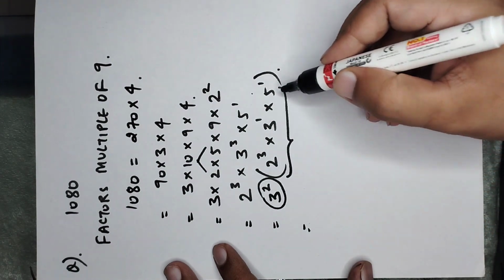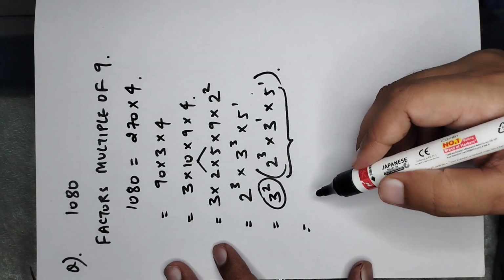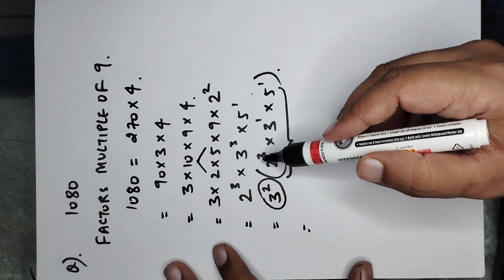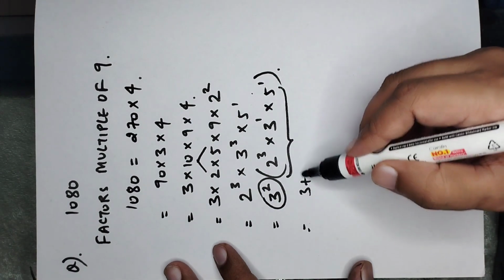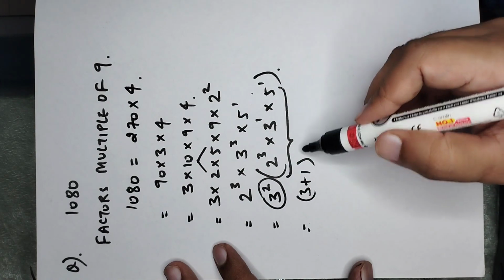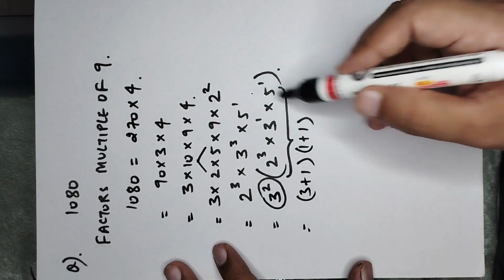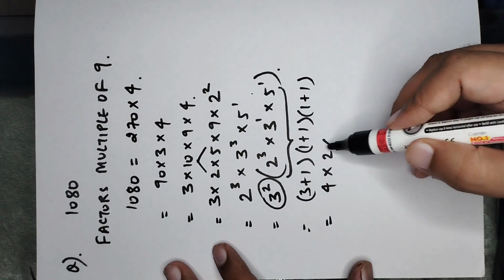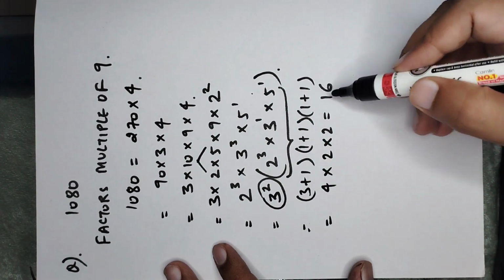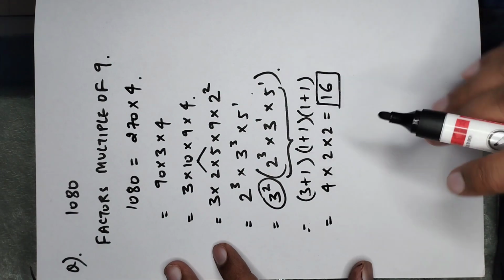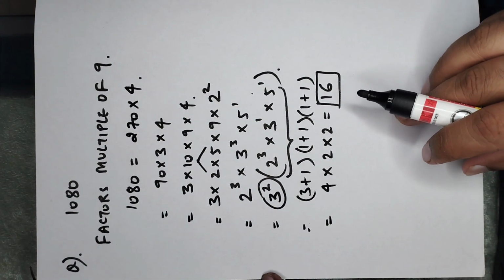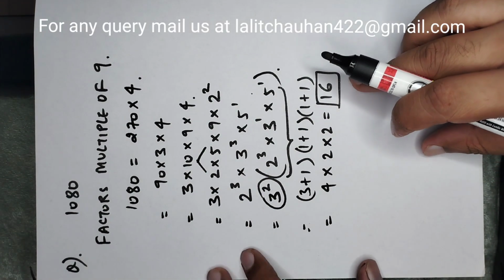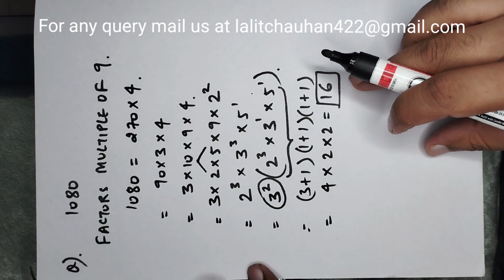Whatever is left inside, you just have to include the powers of those numbers. So the 2 raised to the power 3, so I can say 3 plus 1, 3 raised to the power 1, 1 plus 1, 5 raised to the power 1, 1 plus 1. So this is equal to 16. So I can say there are total 16 factors that are multiple of 9 in case of 1080.